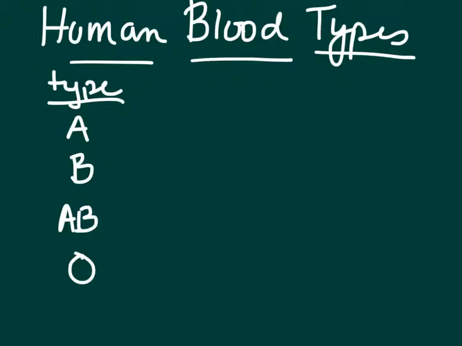Now, some of you mentioned these crazy things like positive and negative. We're just going to look at the A, AB, B, O part because the positive negative thing, to give you a comparison, that's a whole separate gene. So that would be like doing a 16 square Punnett square instead of just a 4 square Punnett square. That positive negative thing refers to what we call the rhesus factor.